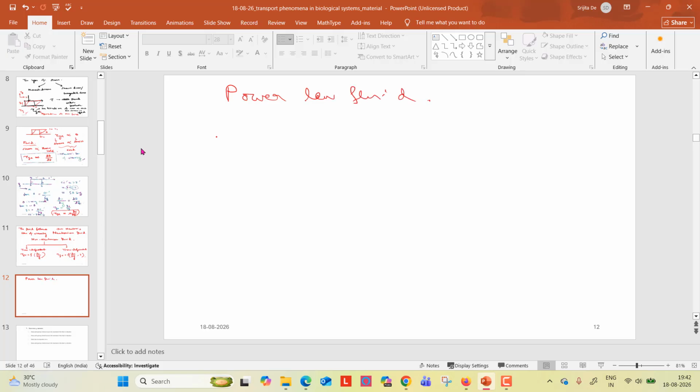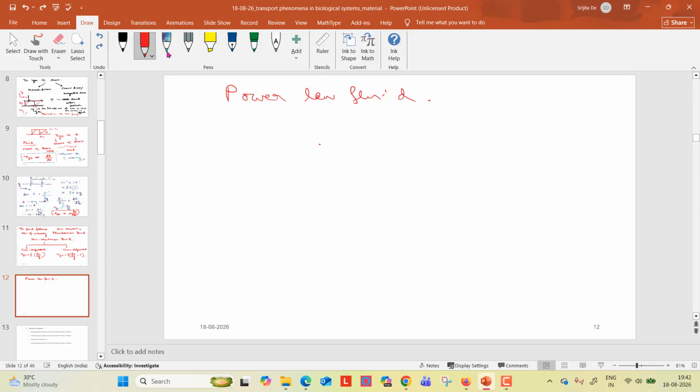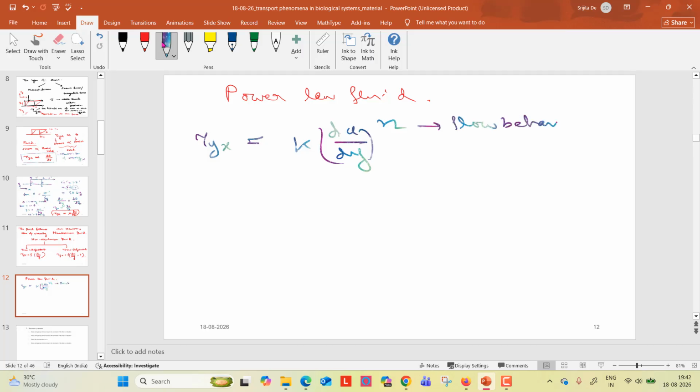What is the expression? tau_x equals k into (du/dy) to the power n. n is the flow behavior index and k is the consistency index.